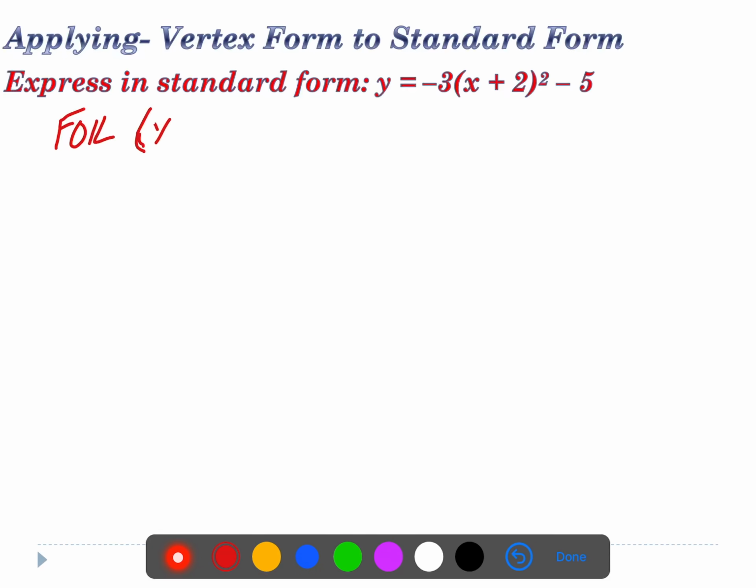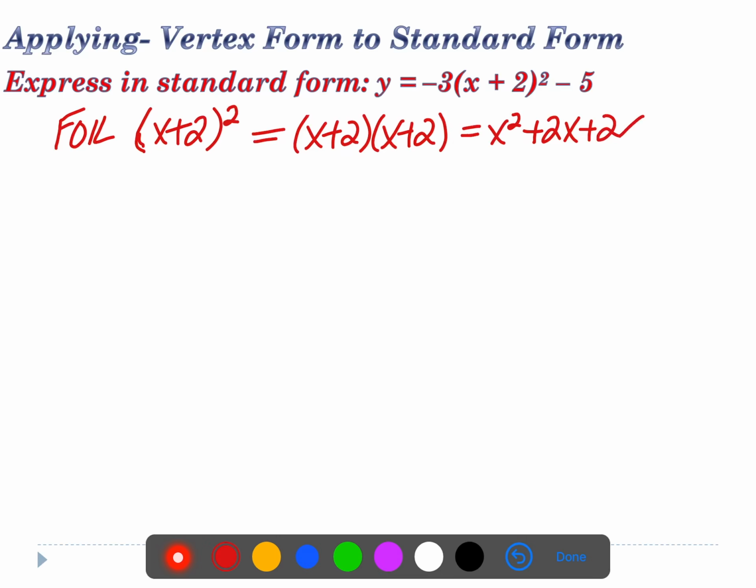We're going to take x plus 2 squared and FOIL that out. If you need those arrows from FOIL, use them. Then combine like terms on that.